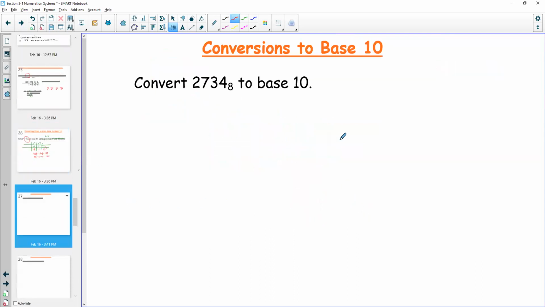All right, you try this one. I know it's weird, it's got an 8. So think first about your place values in base 8. Take a minute, try it yourself. I'm going to make a chart while you're there. And notice I have 4 values, so I'm going to make 4 spots.